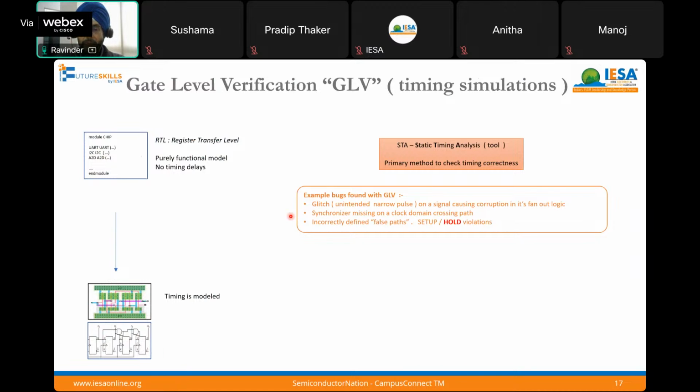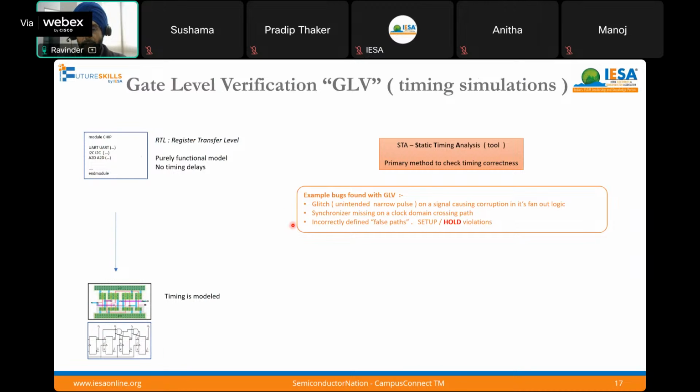There could be a synchronizer missing on a clock domain crossing. We know that when a signal crosses the clock domain, there should be a synchronizer. If that is missing, these paths are not checked in STA, because they are clock domain crossing paths, so those are ignored in STA.